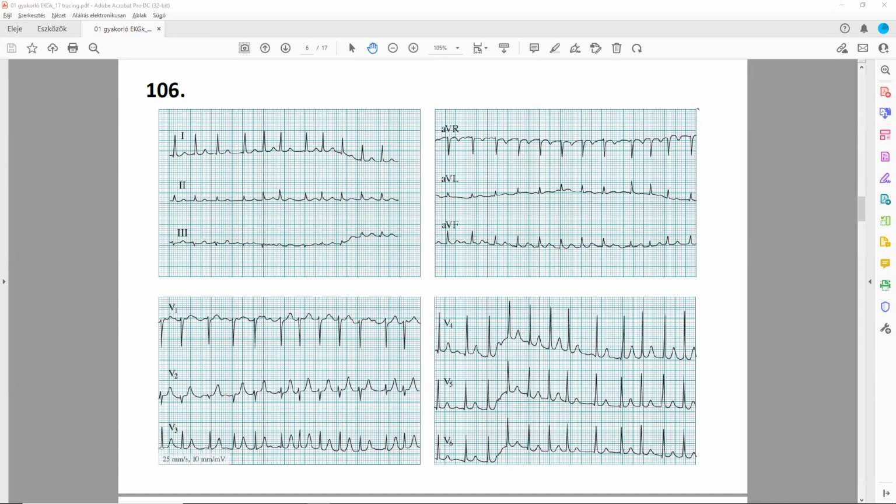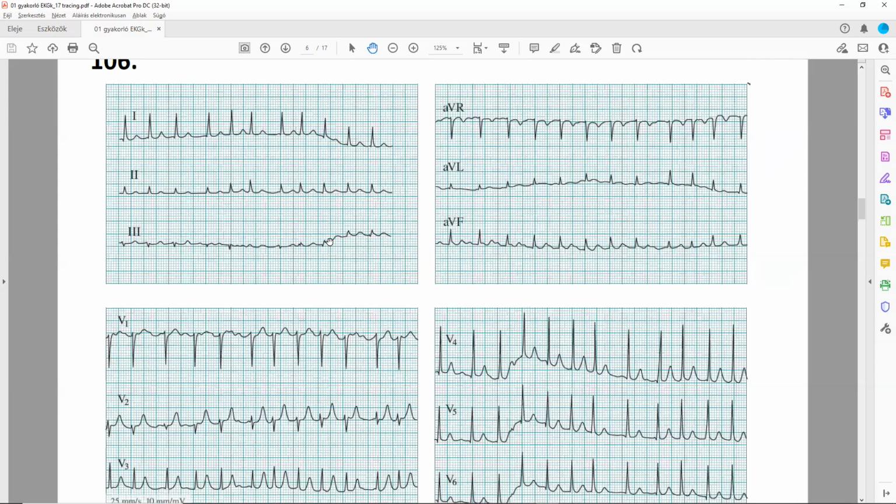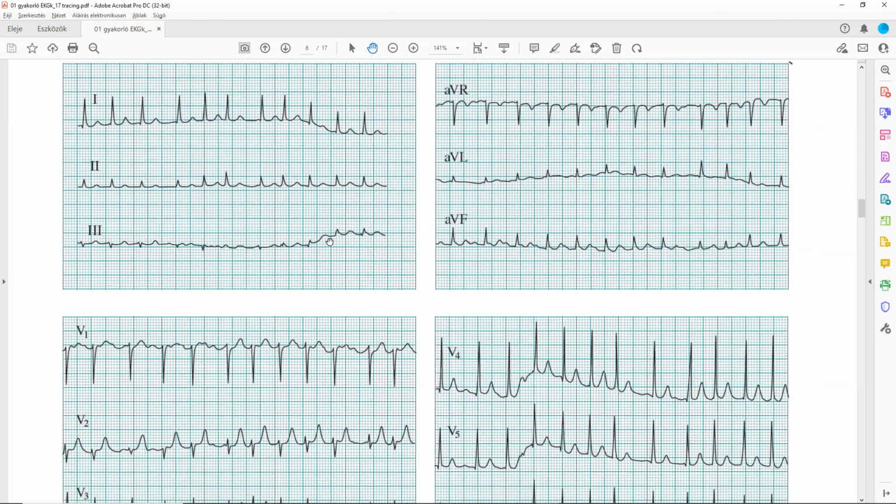Okay, let's see. So I think it's not rhythmic. Good. And what's next that I should do? Next, the heart rate or axis, doesn't matter. Lead 3 is equiphasic. So if I find the one perpendicular to it, that would be AVR, because 210.